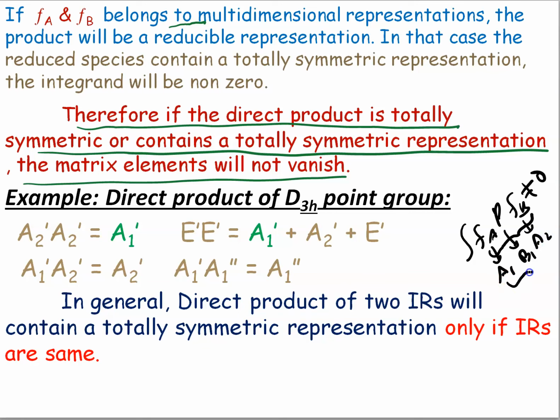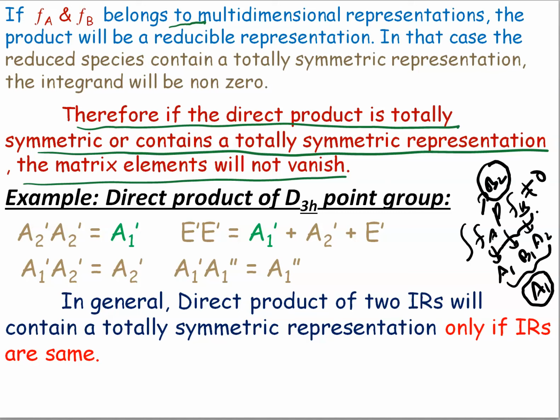Then we take the direct product of these. If the direct product is A1, a totally symmetric representation, then this integral will not vanish. If the direct product is suppose B2, which is not a totally symmetric representation, then the integral will vanish. Okay, so that is the only thing you have to take away.